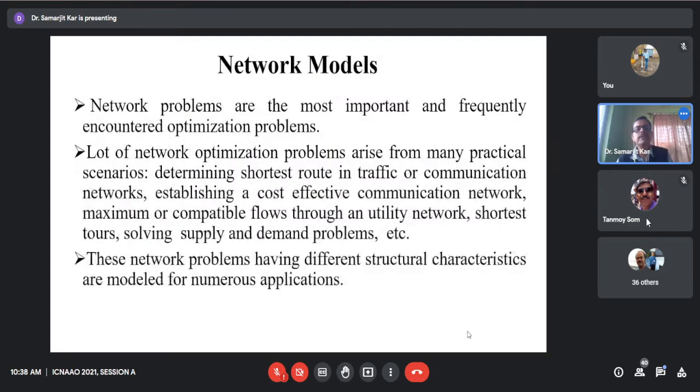In uncertain network models, a lot of network optimization problems arise from practical settings, like shortest route in traffic or communication networks, establishing cost-effective communication networks, maximum capacity flow problems, shortest routes, supply-demand problems, and many areas. These network problems have different structural characteristics and model numerous applications.